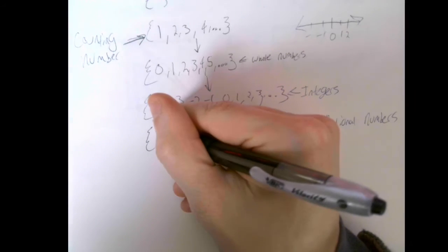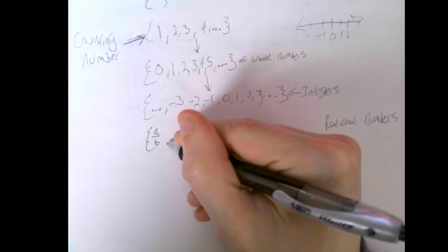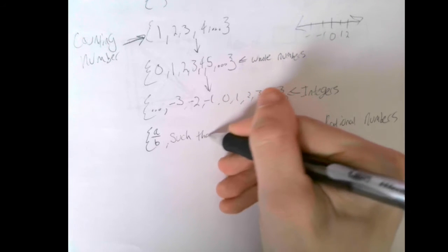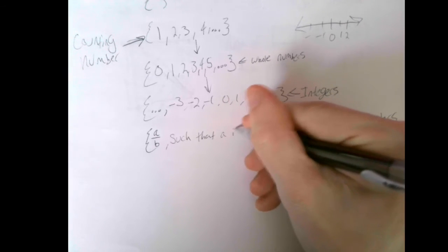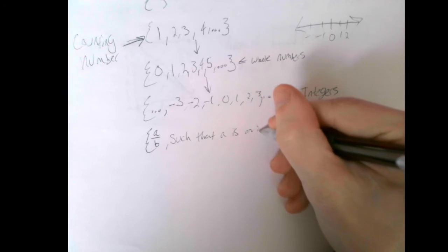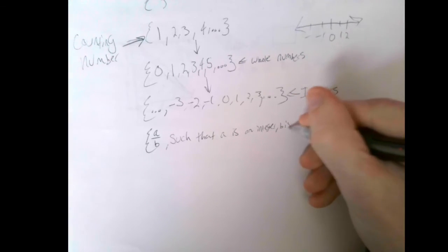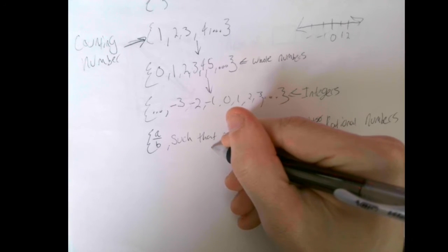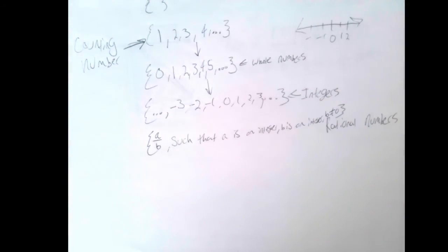So what we say is the rational number is a divided by b, such that a is an integer, b is an integer, and b cannot be 0. So that's how we denote the rational numbers.